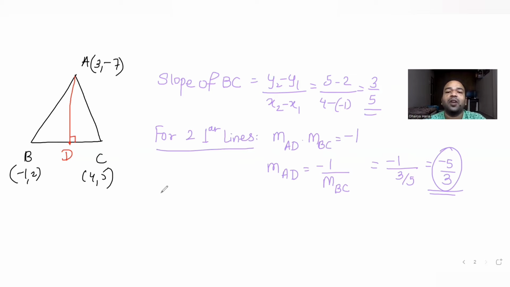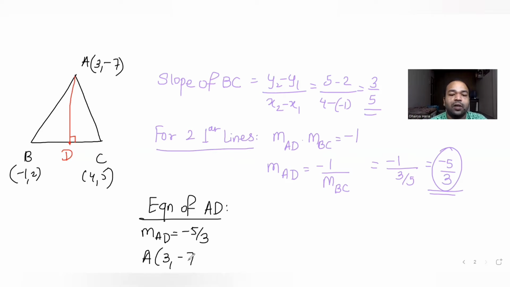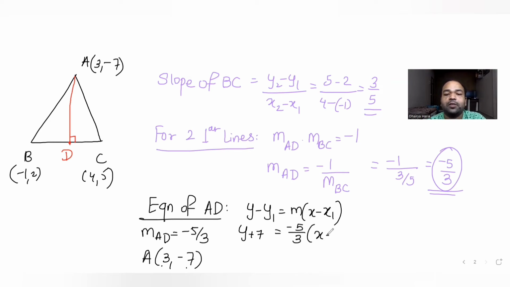Once we have the slope of AD, I can find the equation of the altitude AD, given by the slope point form, where the slope of AD is minus 5 by 3 and the point on it is A, which is 3, minus 7. So this is your x1, this is your y1. Using the equation of a line, y minus y1 equals m times x minus x1: y plus 7 is equal to minus 5 by 3 times x minus 3.